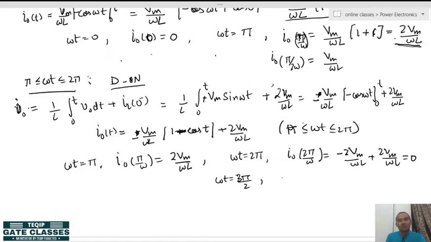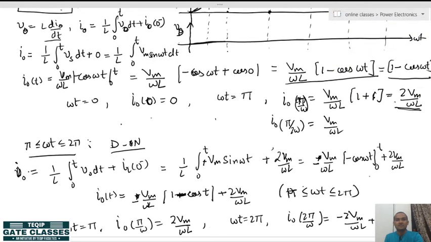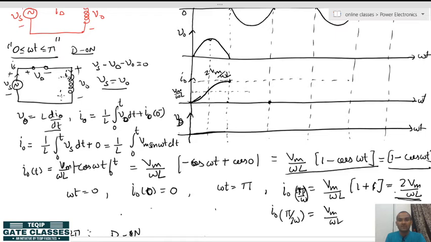When you put 3 pi by 2, what will you get? i naught at 3 pi by 2 omega is equal to minus Vm upon omega L plus 2 Vm upon omega L, which means we will get Vm upon omega L, this point. So, again this is 3 pi by 2, and the value here will be like this.